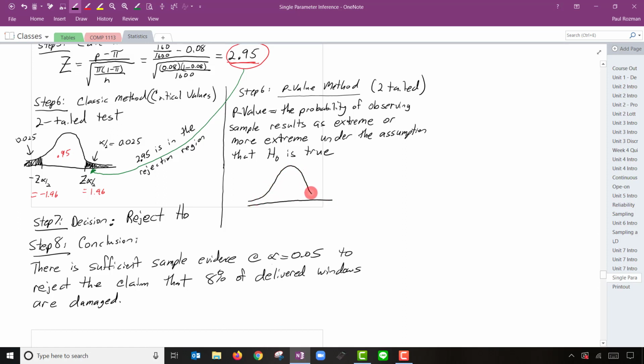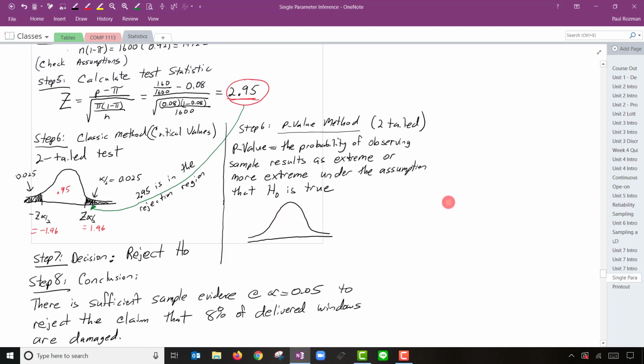Let's calculate the p-value. We observed a value of 160 out of 1600. We're going to see what is the probability of getting a result like that if it is true that the actual probability is 8%.